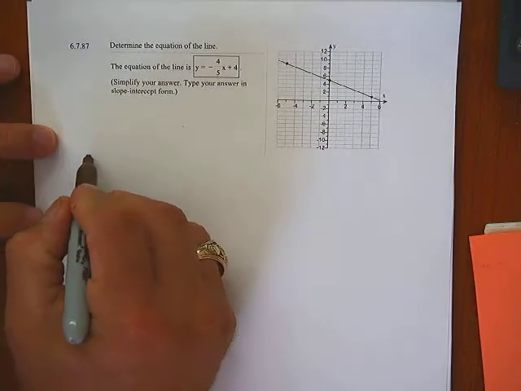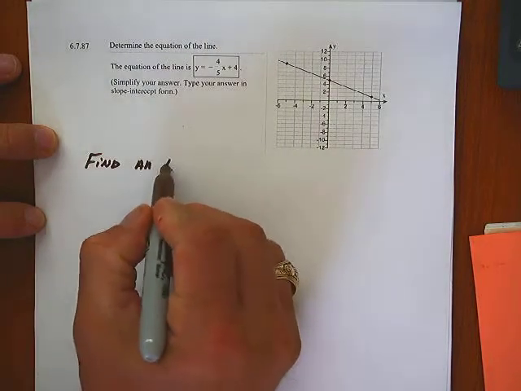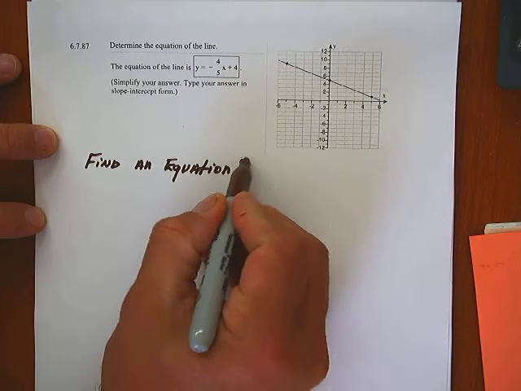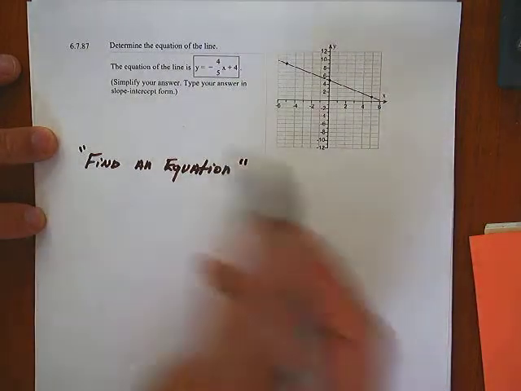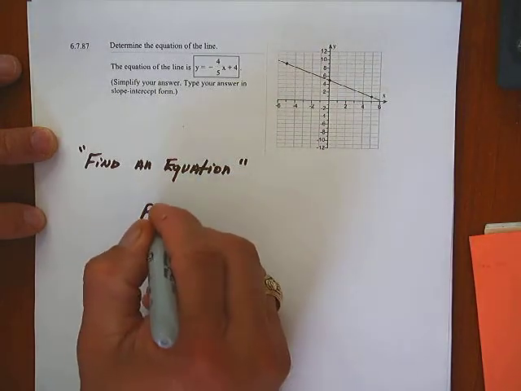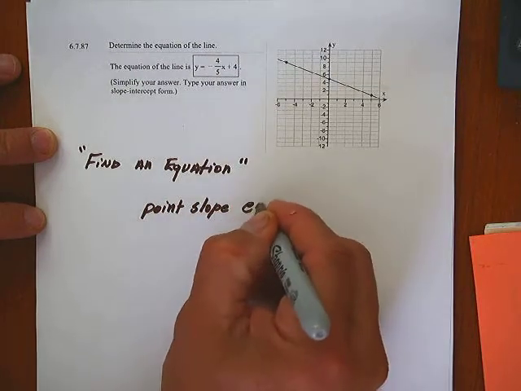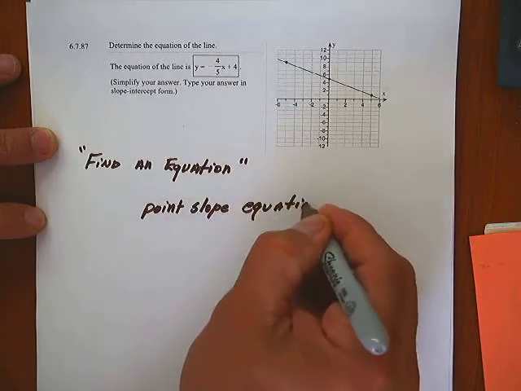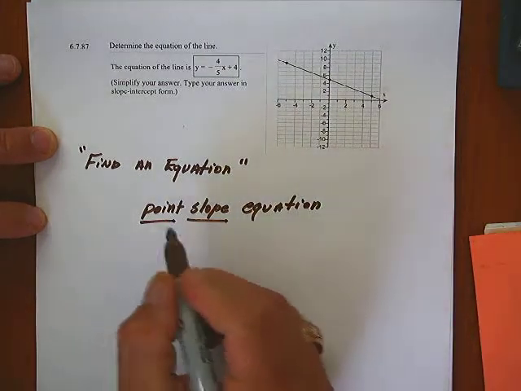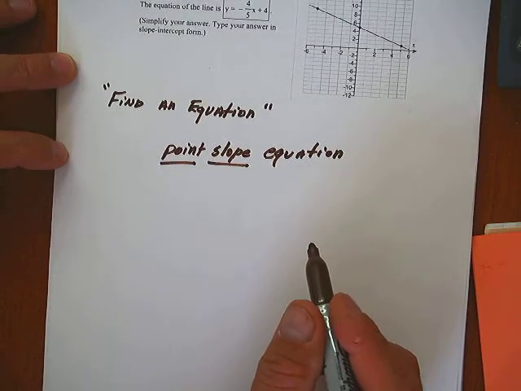Well, remember, in class, when I said find an equation, when you see those words or any representation of those words, determine the equation, find the equation, you're going to use the point slope equation. And the point slope equation uses the point and a slope. So in order to use the point slope equation, you have to have a point and a slope.